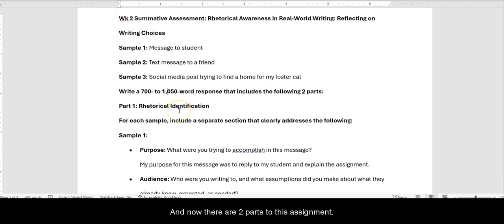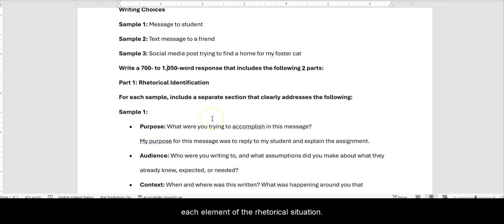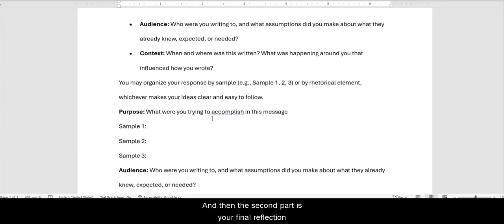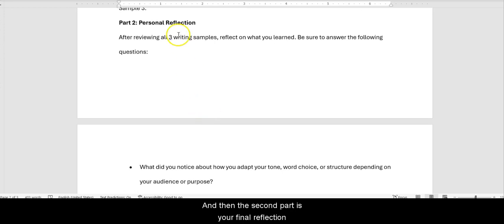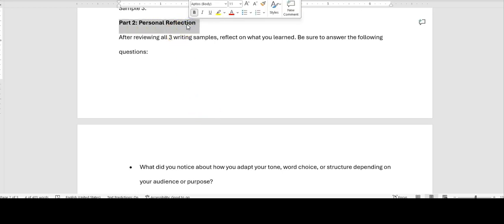And now there are 2 parts to this assignment. There's the rhetorical identification, in which you're going to identify each element of the rhetorical situation. And then the second part is your final reflection about this assignment.